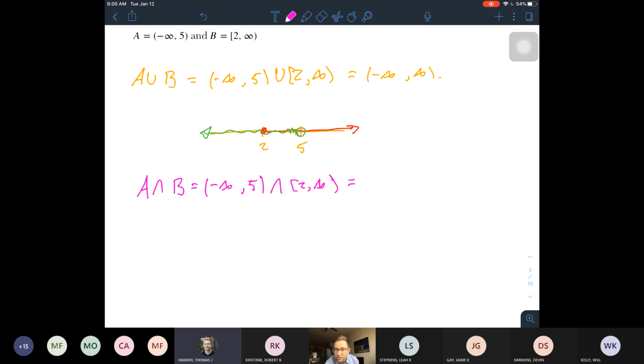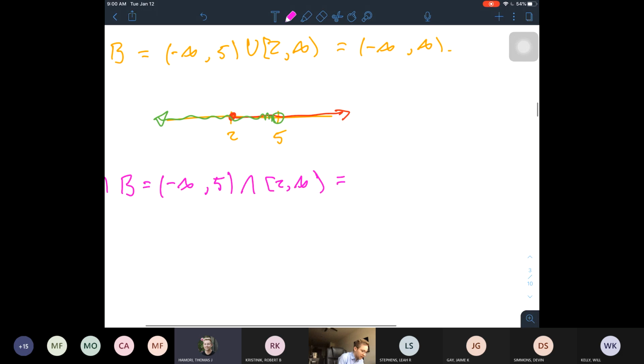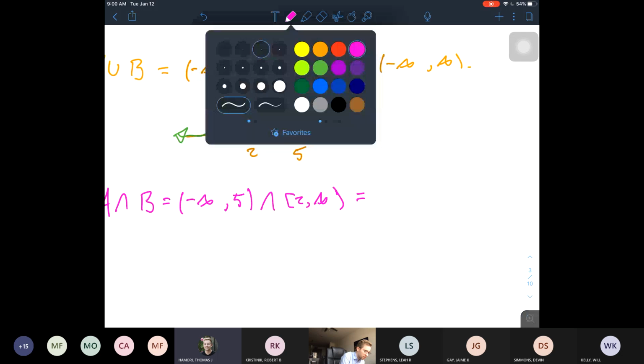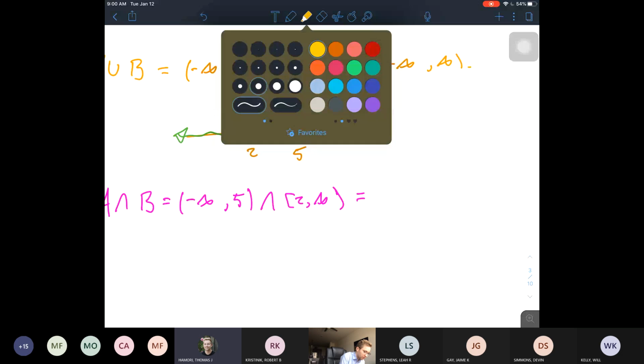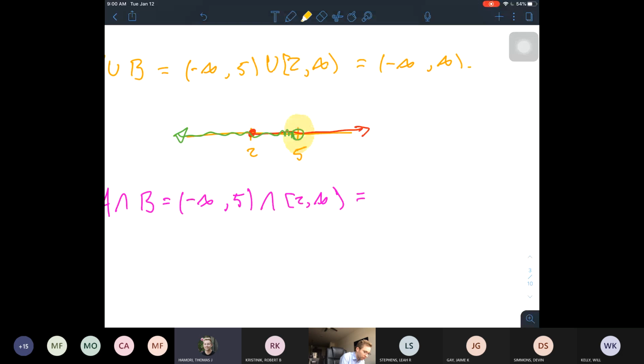Okay, looks like Leah's got it. Shruti was nearly there, although we want to point out that we should make sure to preserve the fact that this is an open circle for the green interval. That means that we're going to need to exclude 5. Since it's not in the green interval, it can't be in both the green and the red interval.